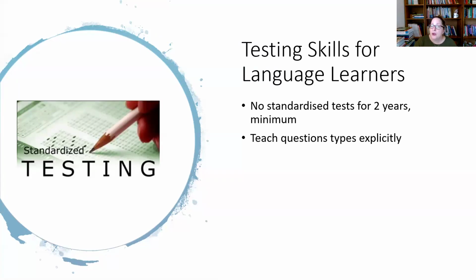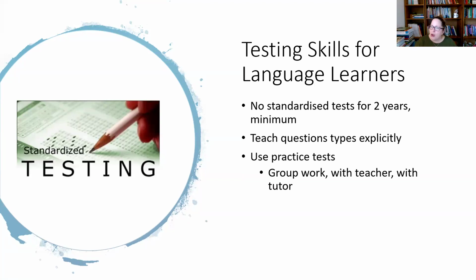And if you have to have them doing tests of any kind, whether that's the SATs or chem tests or any other kind of performance tests, teach them the question types explicitly, teach them the different kinds of questions, give them practice tests, not on their own, but as group work to get comfortable with them, with the teacher, with a tutor, so that they're familiar with it before they have to sit it.